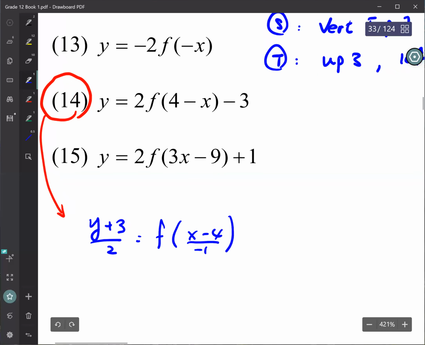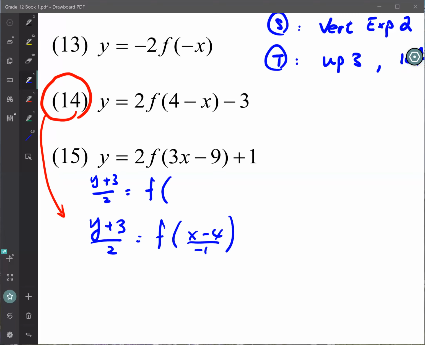So we'll move the numbers over. That part is easy. Y plus 3 over 2. And then inside, the order is different. It's 4 minus x, and we need to have x at the front.